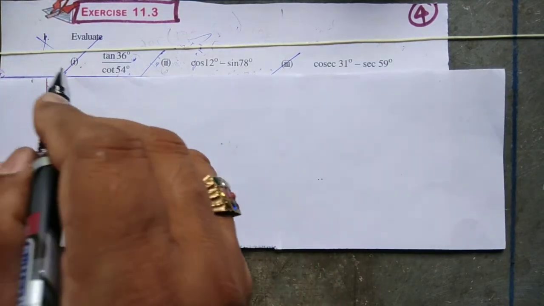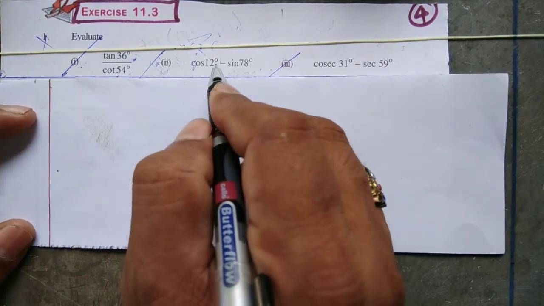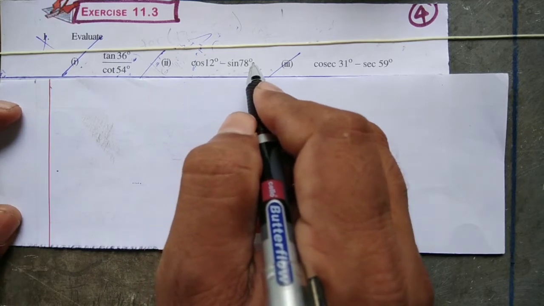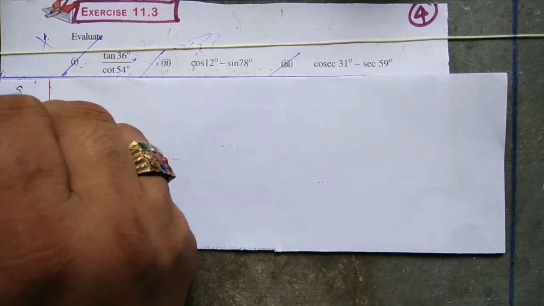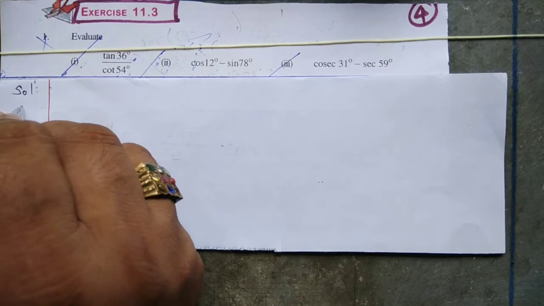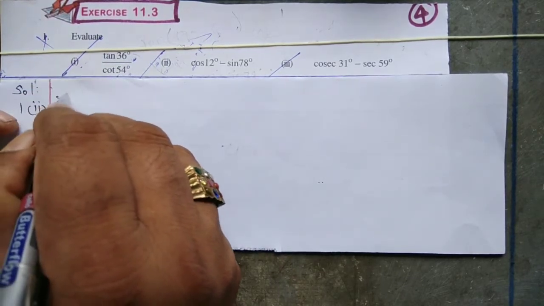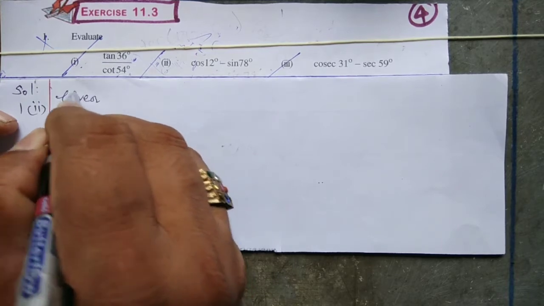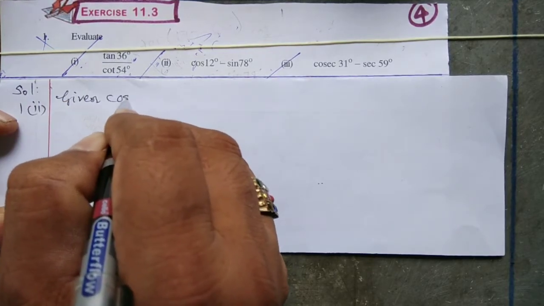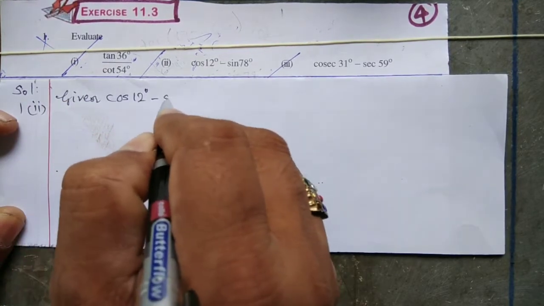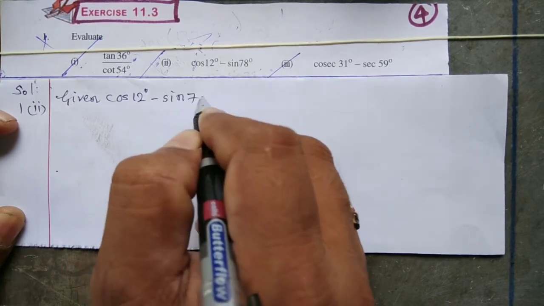First bit, second problem: cos 12 degree minus sin 78 degree. Solution for this problem: given cos 12 degree minus sin 78 degree.